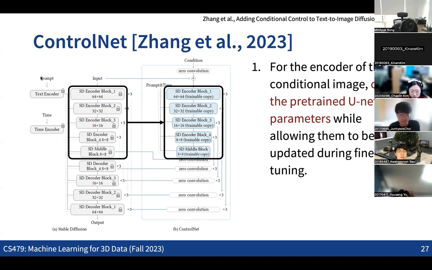But we are starting from parameters that are exactly the same as the original network.